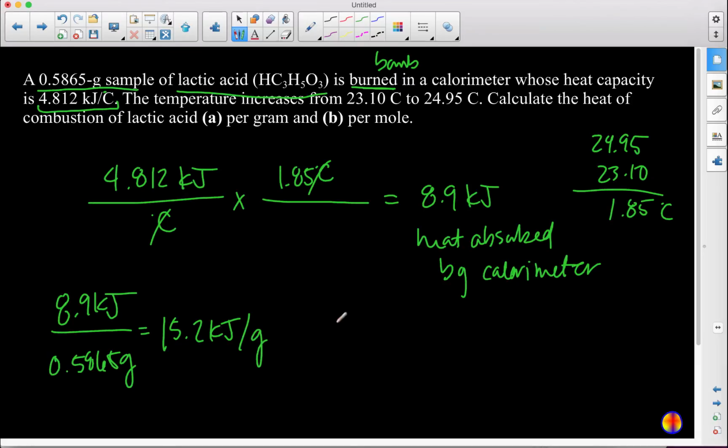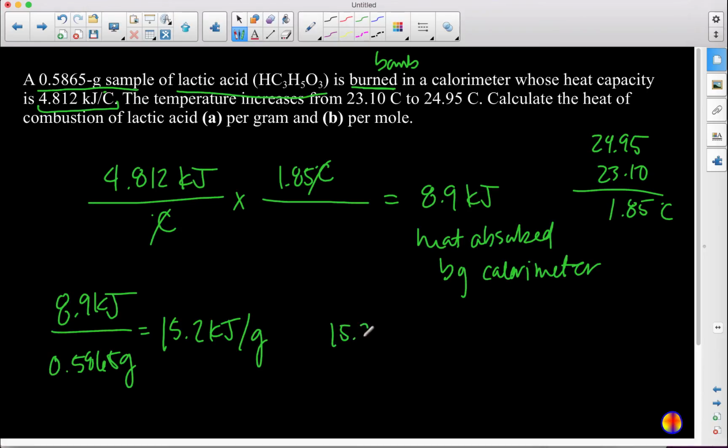If we want to turn it into per mole, we would have our 8.9 kilojoules. Well, actually, no. Here, let's start with this one. So if we have 8.9, why do I keep writing that? You can go back to the 8.9. I was just trying to keep moving here.